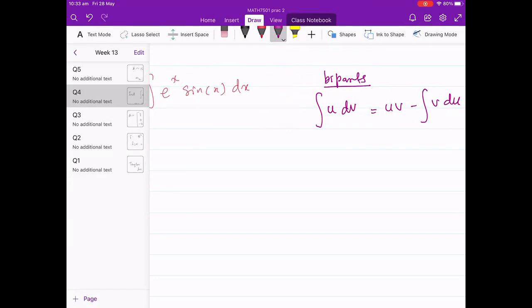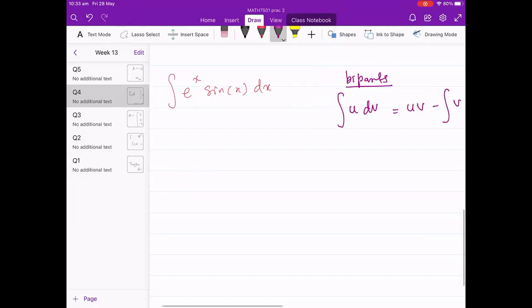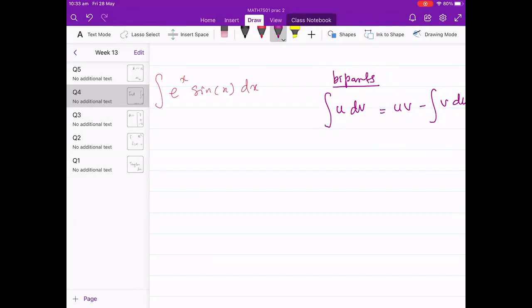E to the power x can be u. Yeah, these two functions are not that simple. It keeps repeating itself, so you could choose either one. Let's try u equals e to the power x.